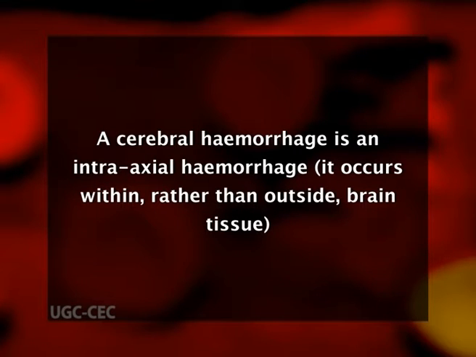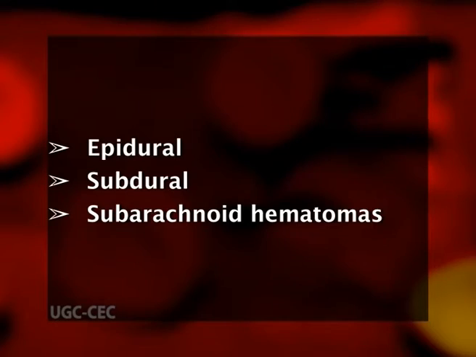A cerebral hemorrhage is an intraaxial hemorrhage, that is, it occurs within rather than outside the brain tissue. The other category of intracranial hemorrhage is extraaxial hemorrhage, such as epidural, subdural and subarachnoid hematomas, which all occur within the skull but outside of the brain tissue.